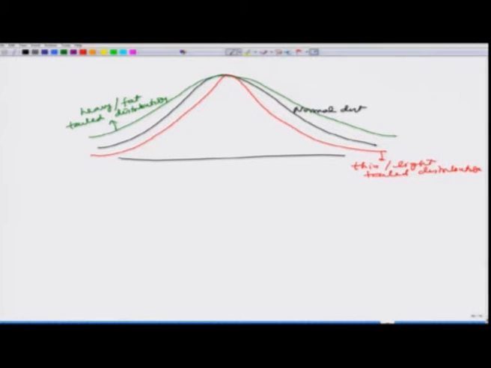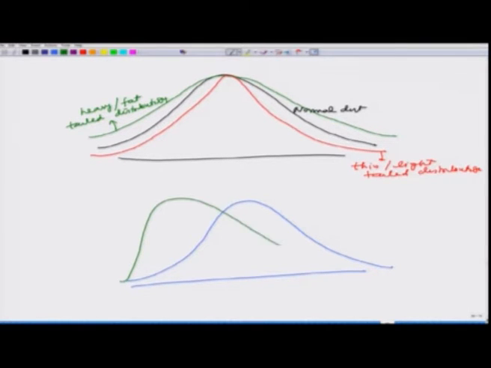And on the other hand, if I draw a normal curve which is symmetric, and suppose there is another curve which is more scattered on the left hand side, something like this.